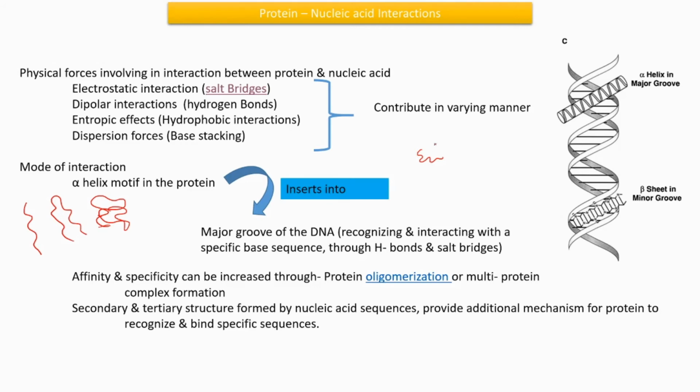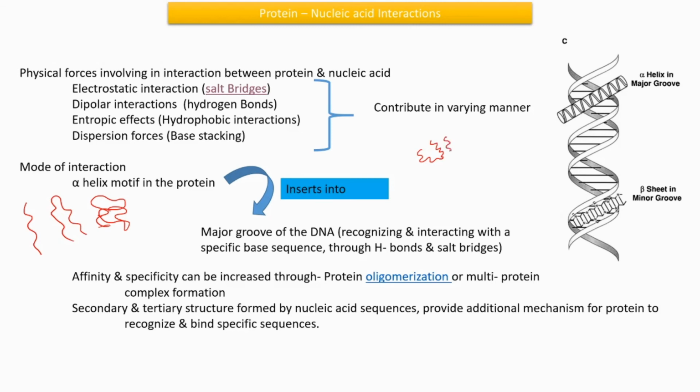If it joins with another polypeptide chain of the same type or different type, then it becomes more stable, and it can interact more tightly with the DNA.